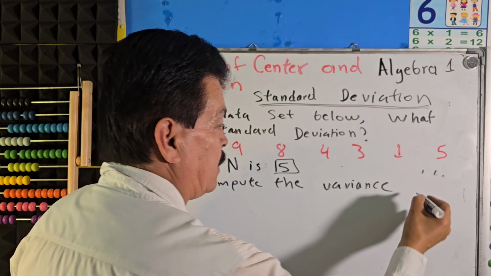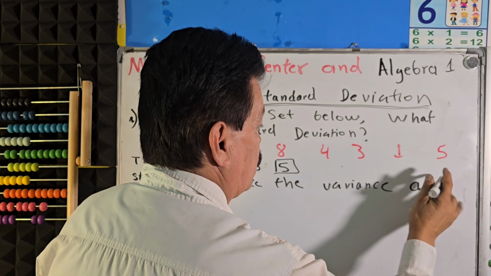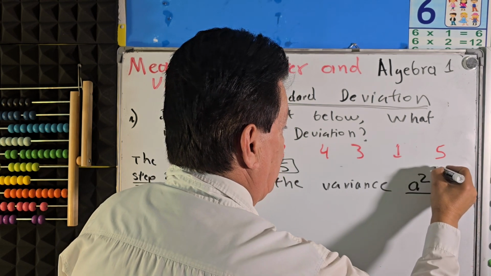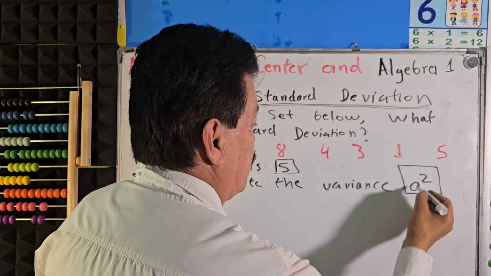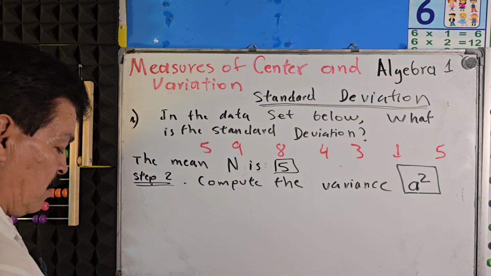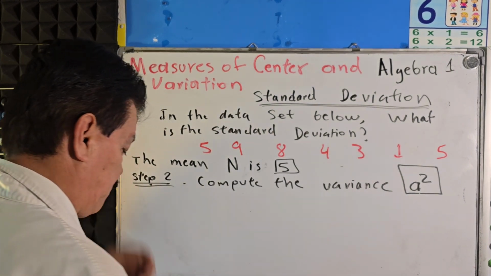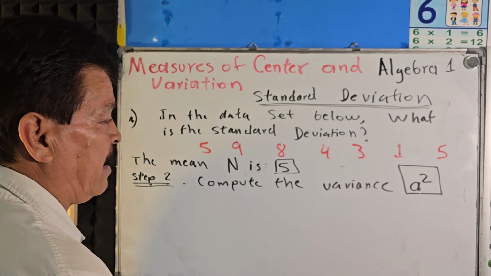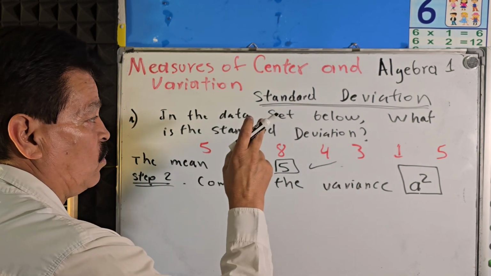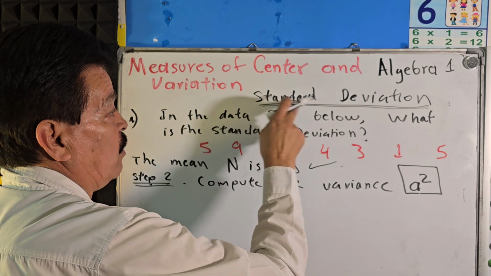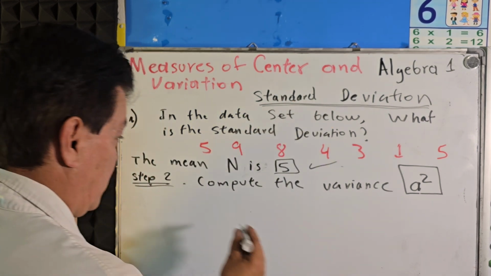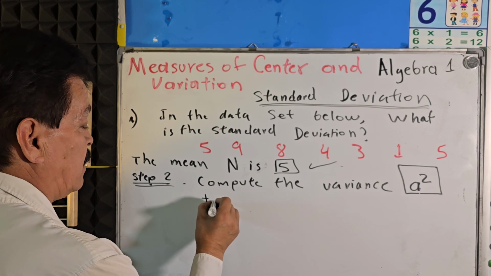The variance is equal to sigma squared. Look at this, very important. Don't lose your place, because we are looking for the standard deviation, which will be the last step. So here I will write it.